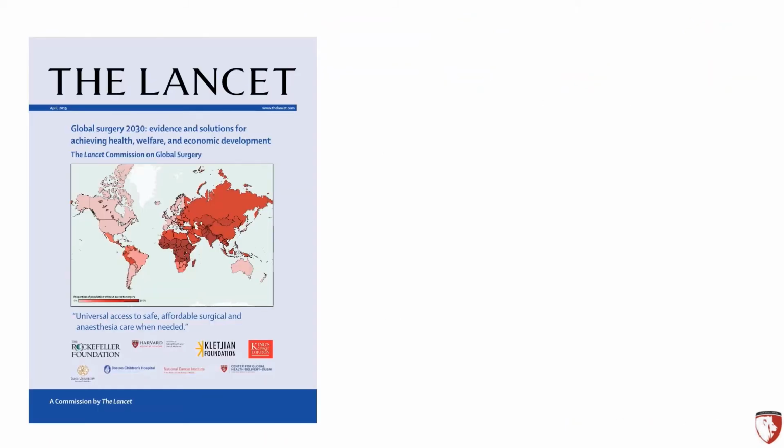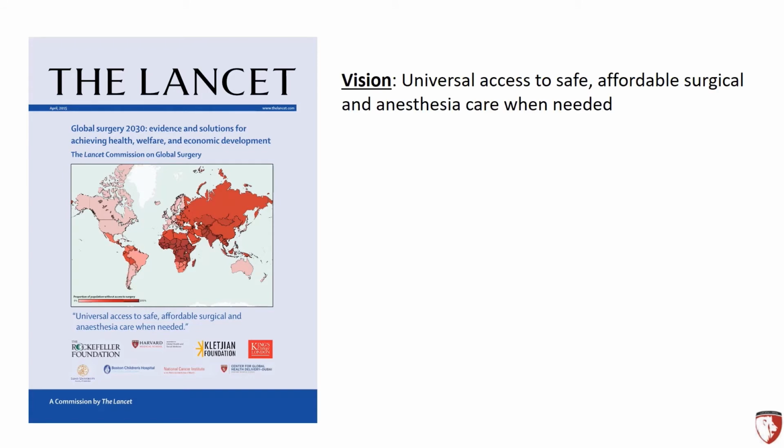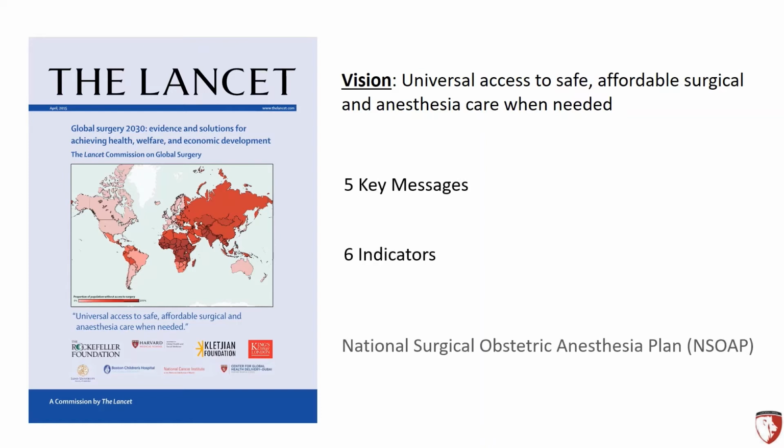The Lancet Commission on Global Surgery clearly laid out its vision for universal access to safe, affordable surgical and anesthesia care through its 5 key messages, 6 indicators, and the need for the national surgical, obstetrics and anesthesia plans.